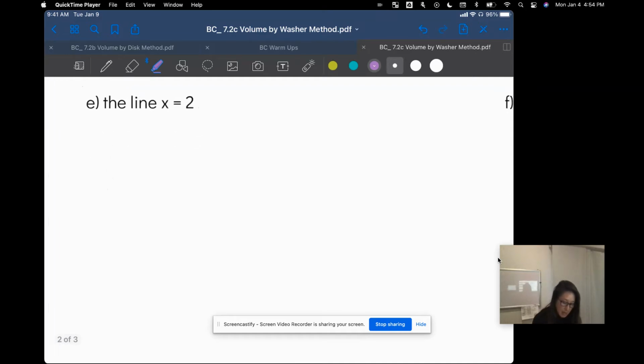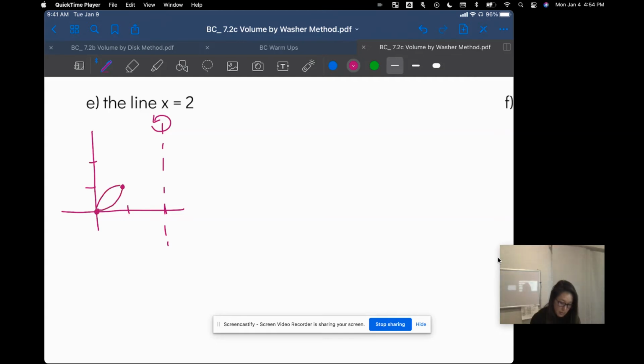All right, same curve. This time we're going to rotate around the line x is equal to 2, which is right here. It's vertical. And it looks like a flower petal kind of. Okay.